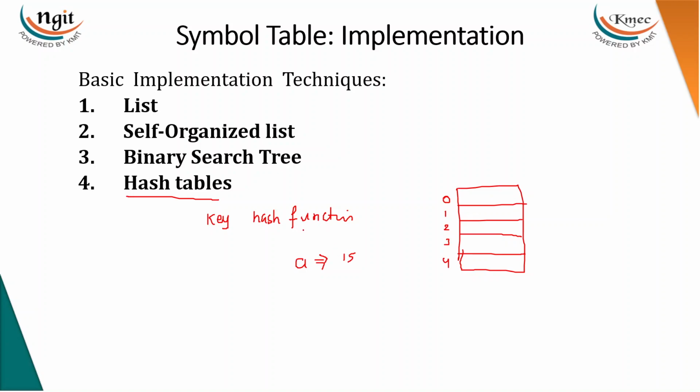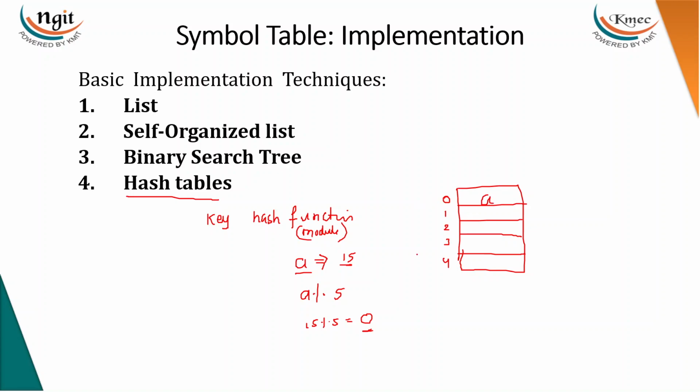The hash function we are using is modulo, and our key is a. The size of the hash table is 5, so 15 mod 5, the remainder is 0. Then we store a at index 0.